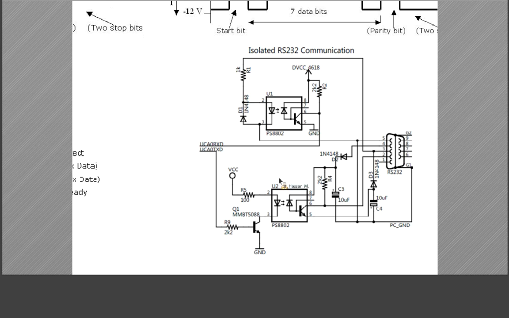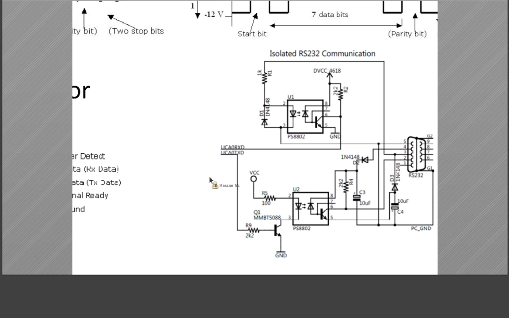And this item, U1 and U2, PS8802. Each of you doesn't know. This is an optocoupler, okay? Optocoupler for isolation. That's right, but inside of the IC, not knowing.